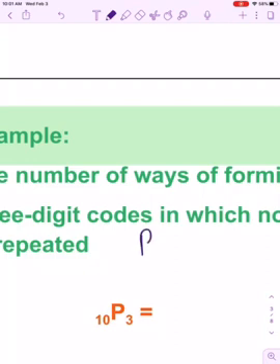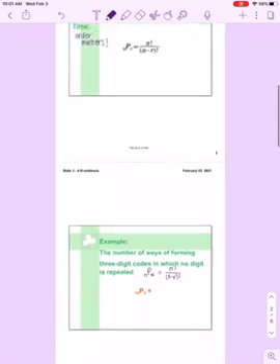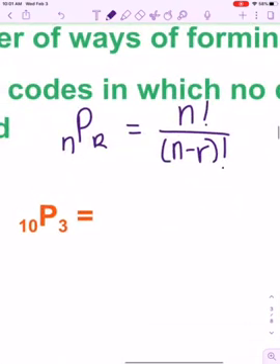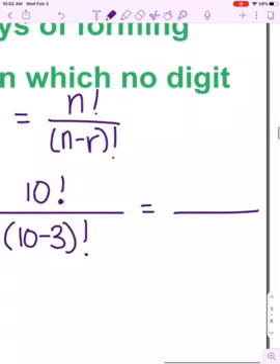Okay, so n choose r is n factorial over n minus r factorial. That's our formula. Our n is always our bigger number. We've got 10 digits to choose from, factorial, over 10 minus 3 factorial. This one's simple in the fact that you can easily do that subtraction.